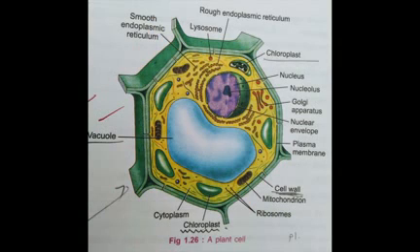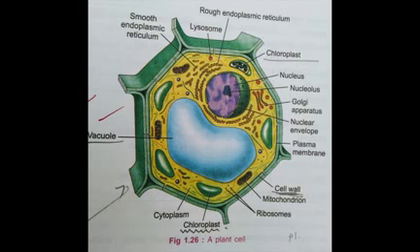Next we'll see the functions of the cell membrane or plasma membrane. The main function is that it acts as a mechanical barrier between the external and internal environment of the cell, and it also protects the inner cell contents. It also regulates the movement of molecules in and out of the cell.